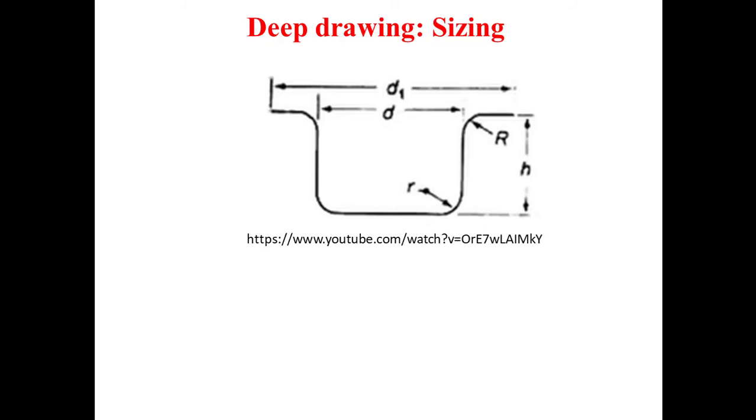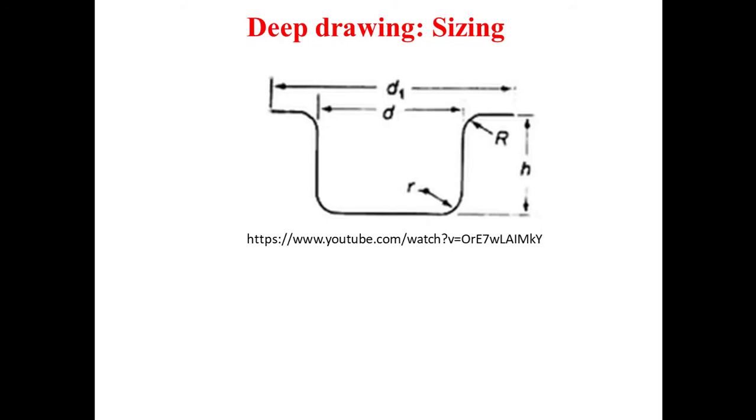And the characteristic dimension means the diameter if we have a cap draw, and it represents the distance between two parallel lines if we have a box draw.